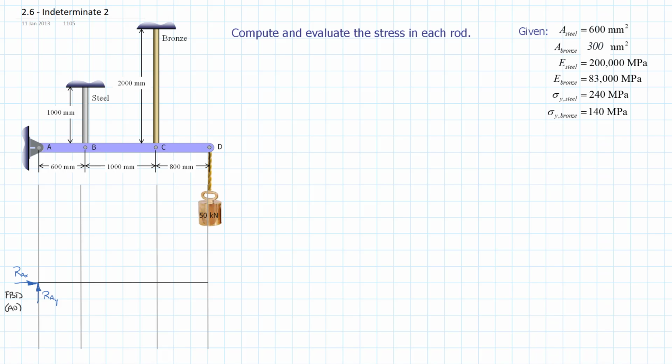We have a couple of internal forces. I'll draw them pulling on the bar, which is to say that the bar is pulling on them, so tension in the bar. I'll draw those in tension because that suits the sign convention we've used.